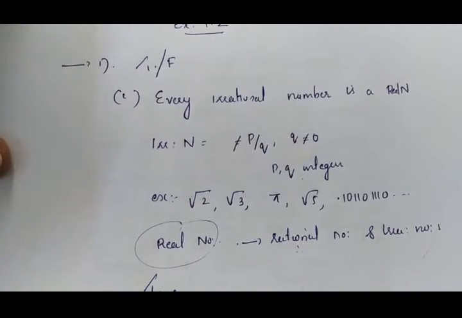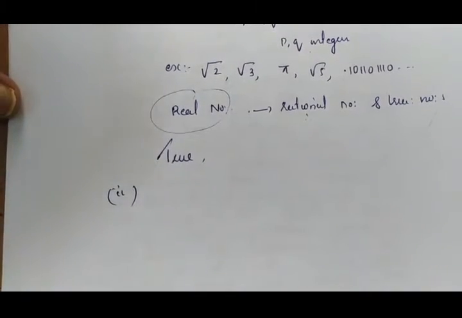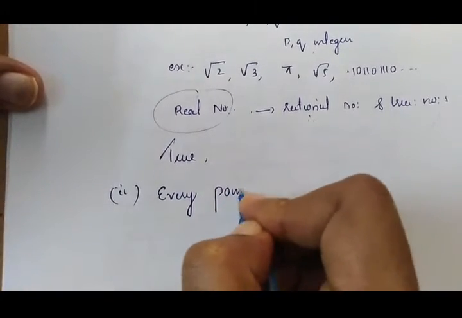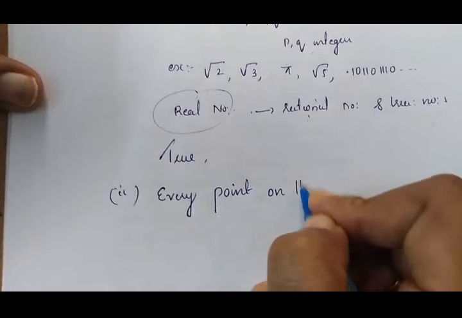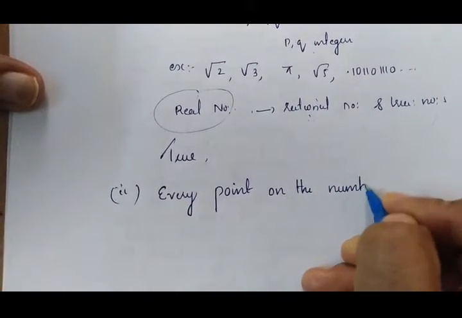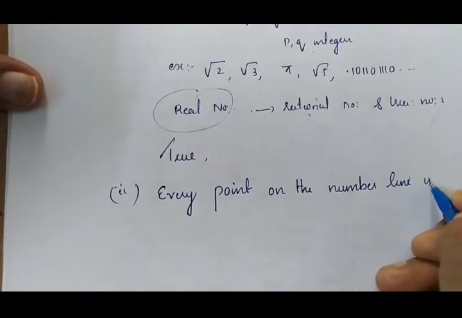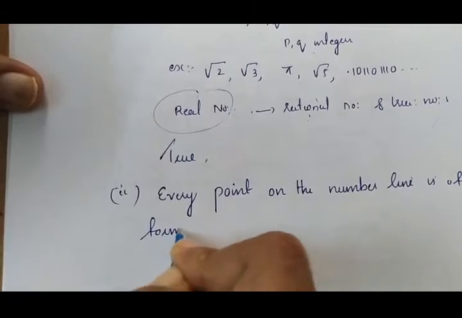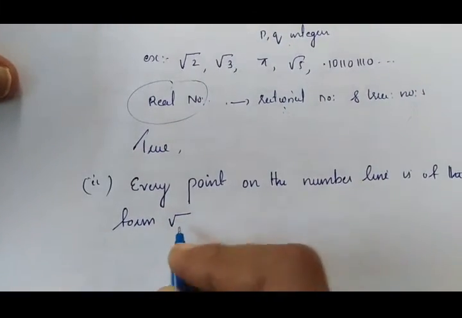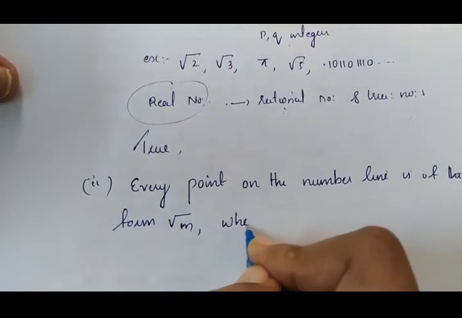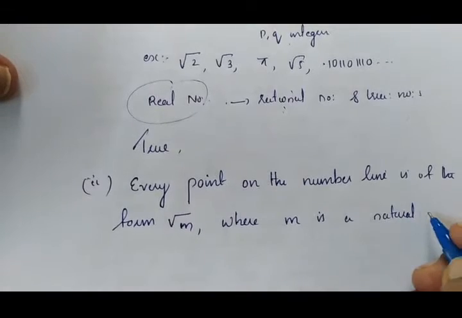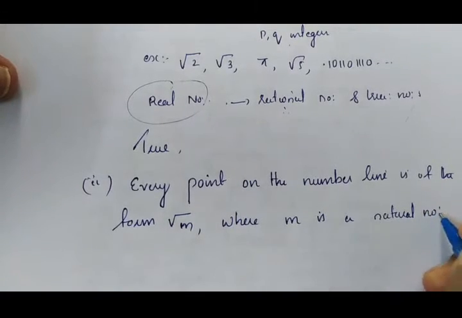What is the second statement? Every point on the number line is of the form root m, where m is a natural number.